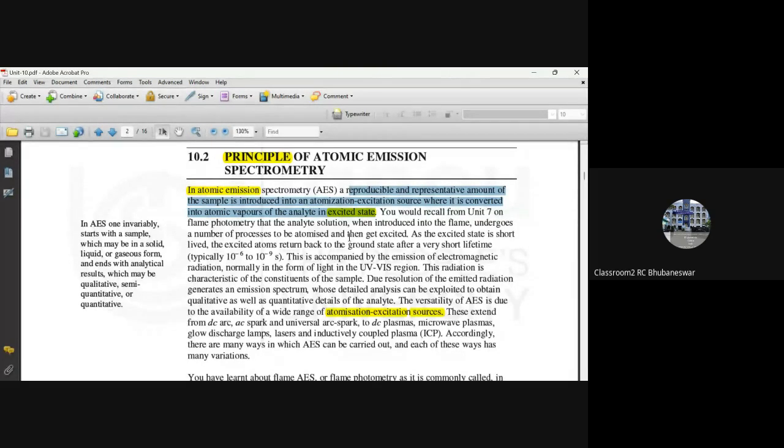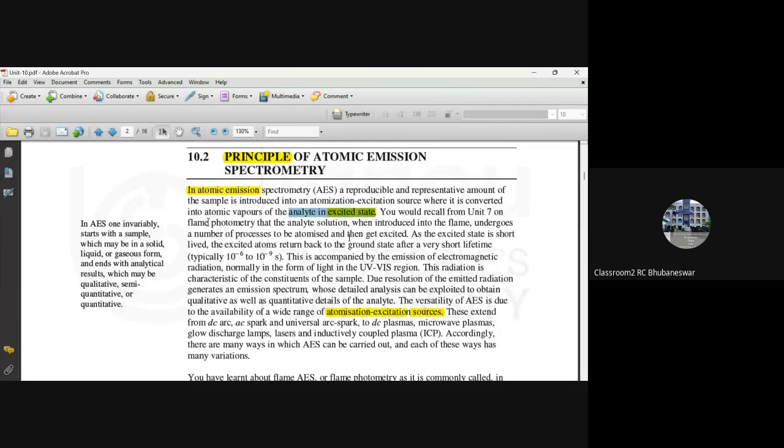That is the main motto for all the atomic spectroscopies we have studied till now. Atomization and excitation you have to do, then it goes to the excited state. If you are studying atomic absorption, you can stop over there. But if you are studying atomic emission spectrometry, then you have to concentrate on the emission radiation that comes out of that.